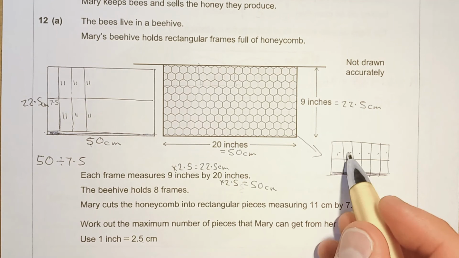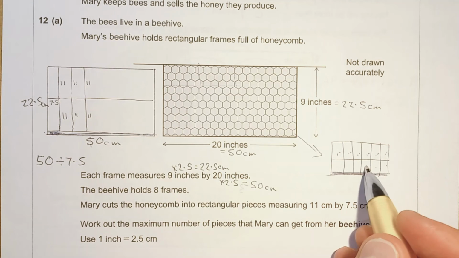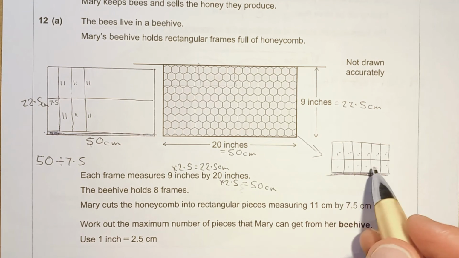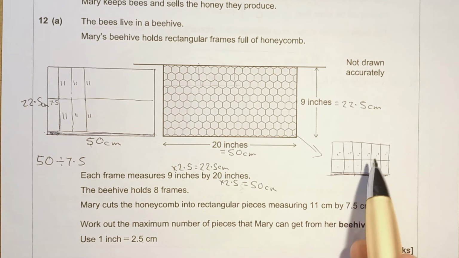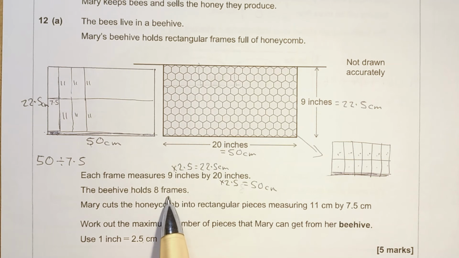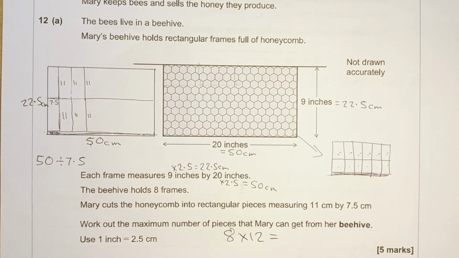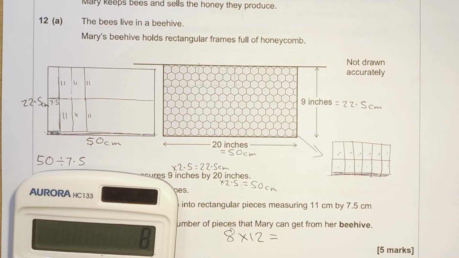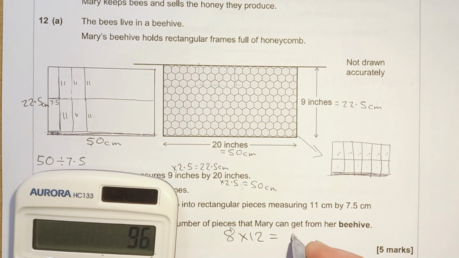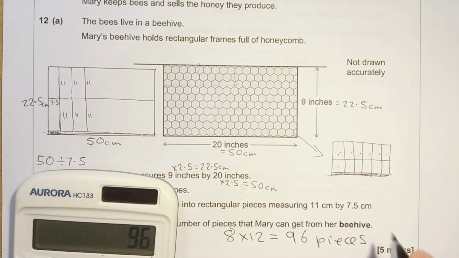Okay, so we've got 1, 2, 3, 4, 5, 6, 7, 8, 9, 10, 11, 12 pieces. But remember, we've got 8 of these. There's 8 frames. So we want 8 times 12, which gives us 96 pieces.